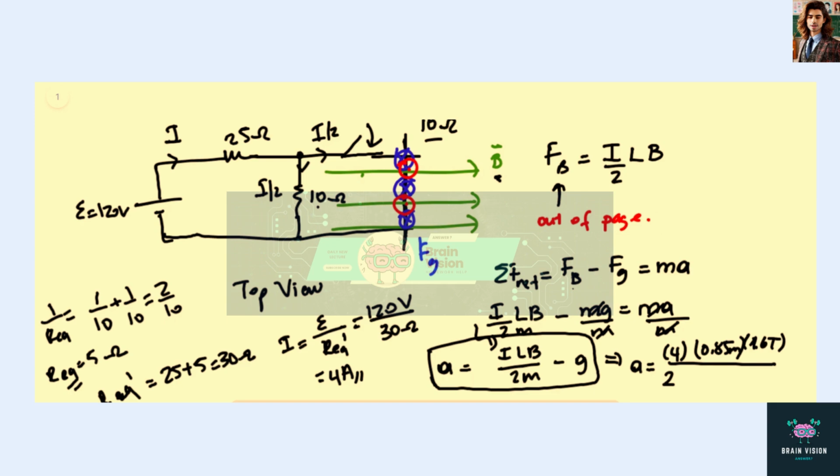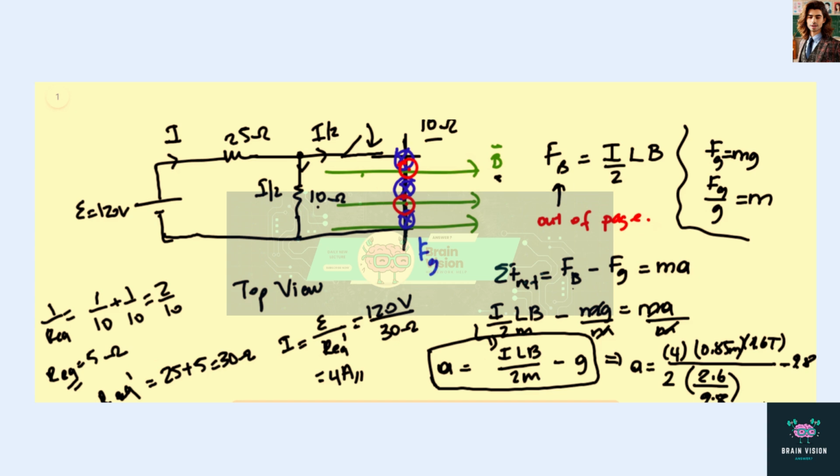Mass is not directly given to us, but F sub g is, so we know what m times g is. So F sub g divided by g is going to give us m, right? F sub g is given to us as 2.6, so we divide by 9.8, and then minus 9.8 is going to give us the acceleration.